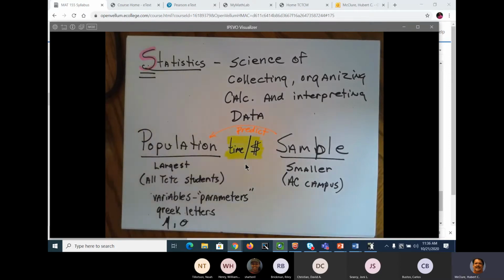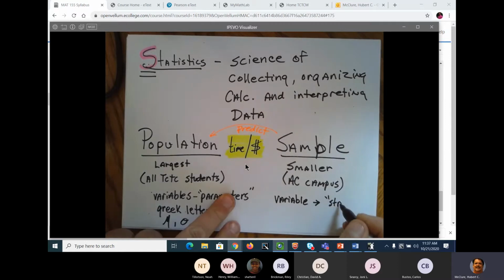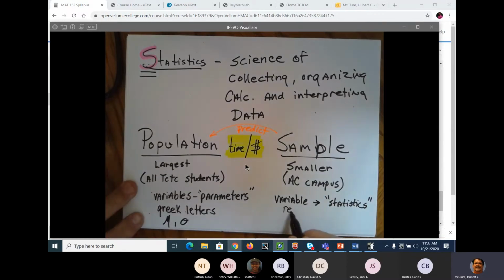If you're dealing with variables in the sample, you're dealing with lowercase statistics. Statistics. It's hard to spell. It's got too many T's in it. And those are going to be regular letters.